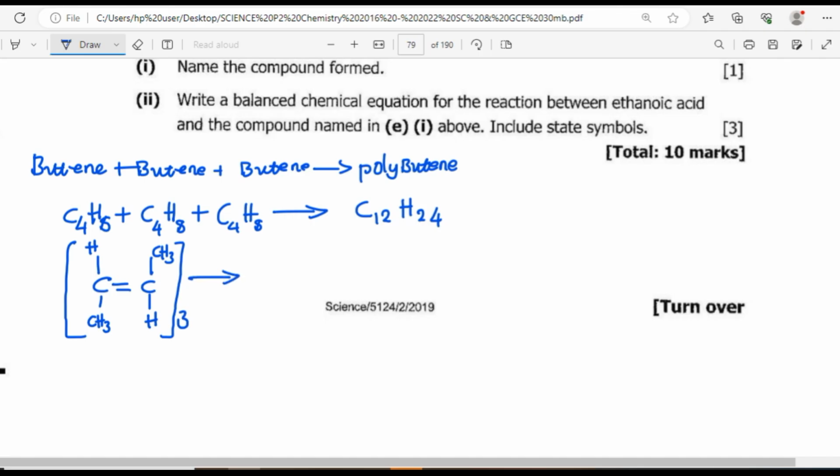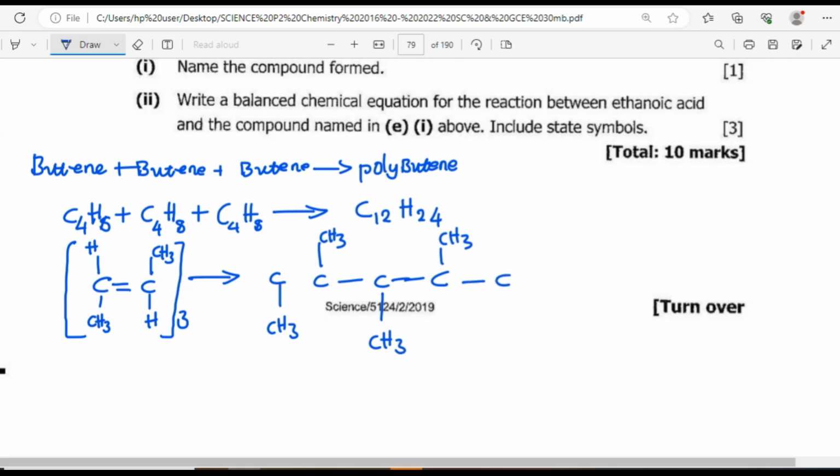Remember, whenever we are drawing the structure of the polymer, you need to arrange it the same way the monomer is. So 1, 2, CH3, CH3. Again 1, 2, CH3, CH3.